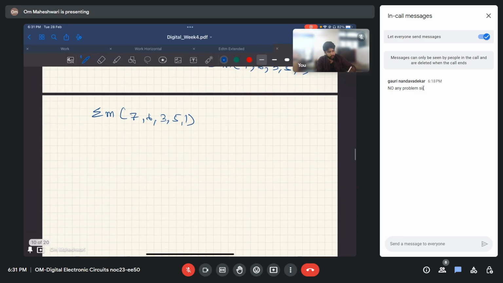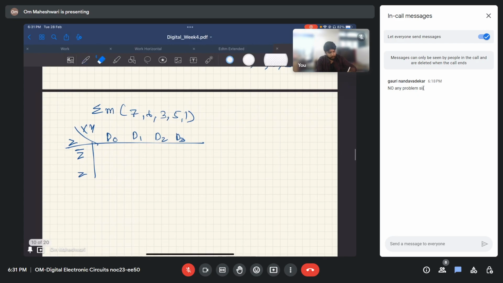Okay, so what do we have? X, Y, and Z. Okay, D0, D1, D2, D3, Z bar, and Z. So this side is this. Then it is X bar, Y bar.